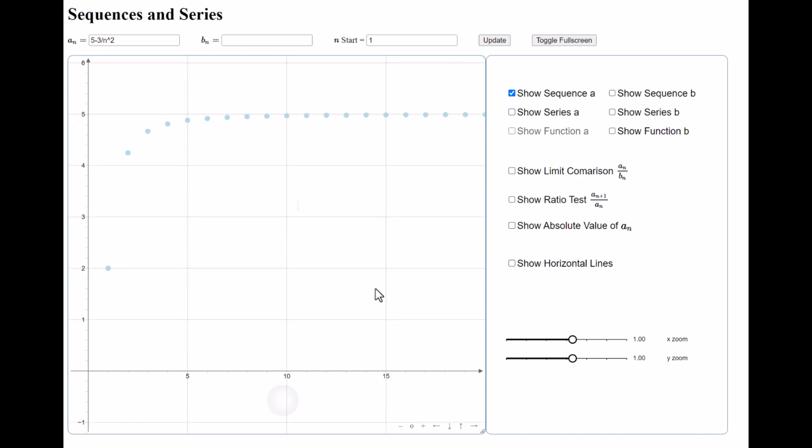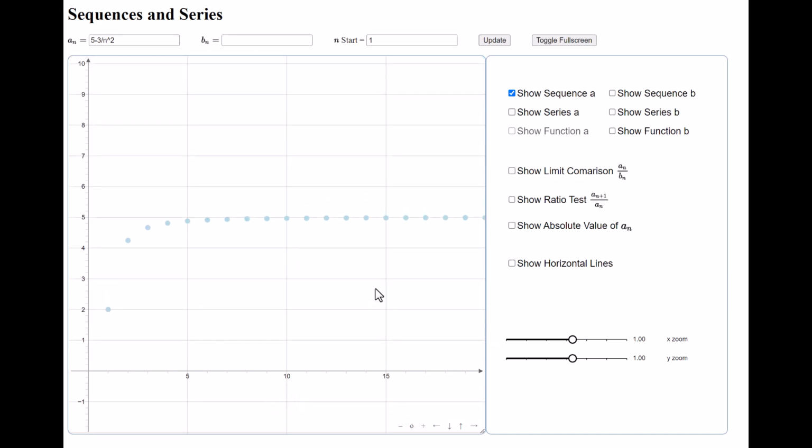Let me change the zoom here a bit. What you can see is that there is a trend that these points seem to approach a specific value. And in fact, it looks to me like that specific value is right at 5, because these points are approaching 5, but they never seem to go past 5.